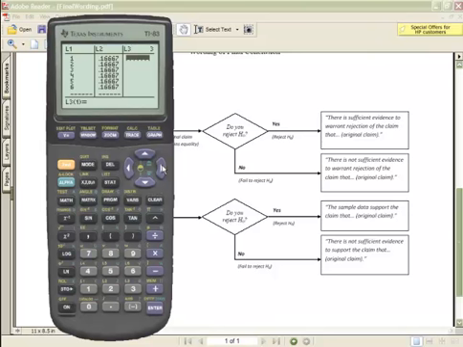First, we're going to fill up our list. I'm going to use L3 here. 128, 107, 109, 116, 124, 135, 127, 115, 104, 118, 126, 129, 133.